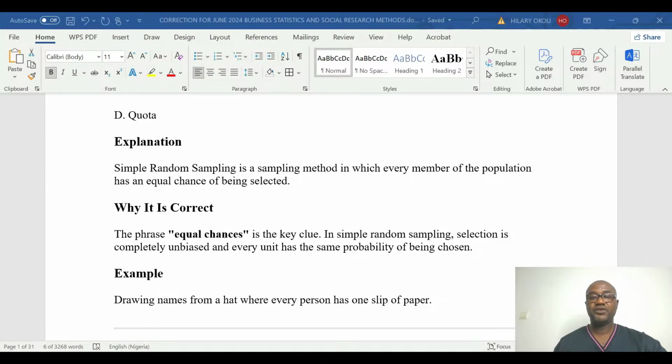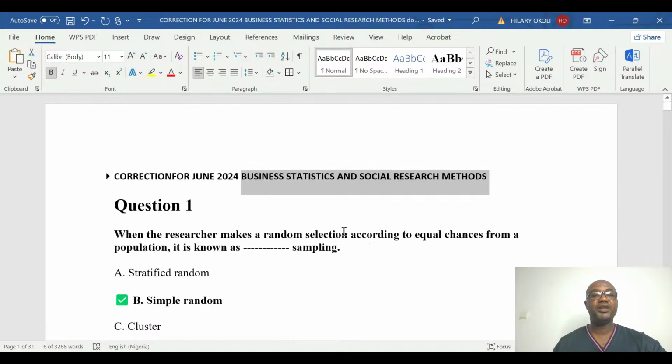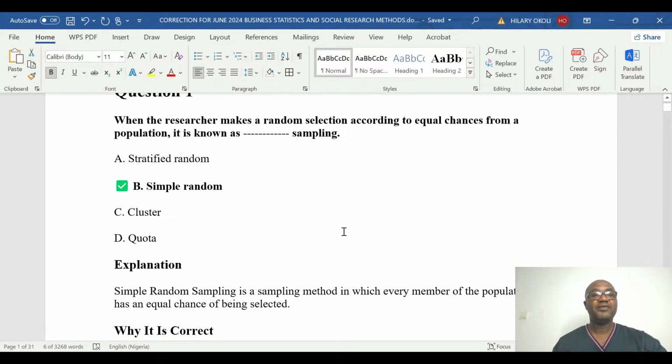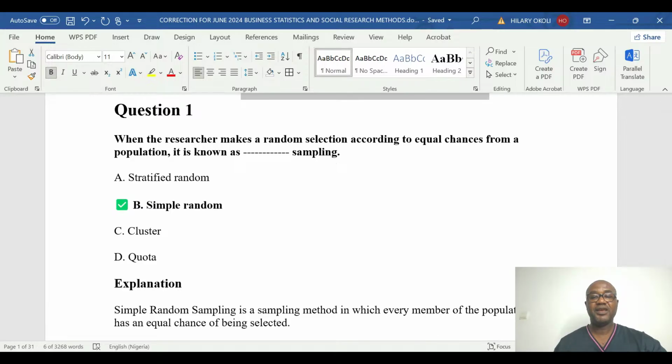All right, we proceed. Welcome everybody. So we look at the first question we have here. It says, when the researcher makes a random selection according to equal chances from a population, it is known as dash sampling.